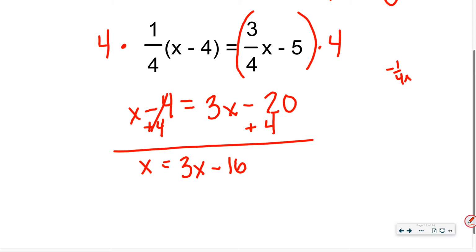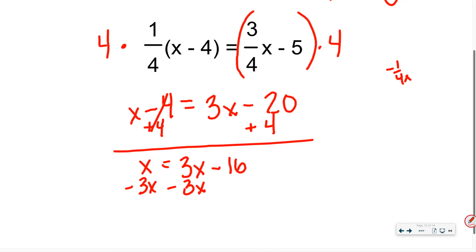You could subtract 3x. If you take the x away, you're going to add some steps. But here, notice that I can actually isolate my variable to one side. If my constants are here, I can isolate my variables to the left side by subtracting 3x.